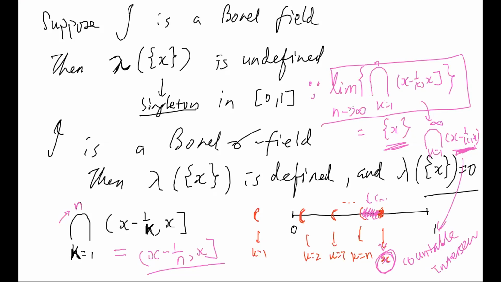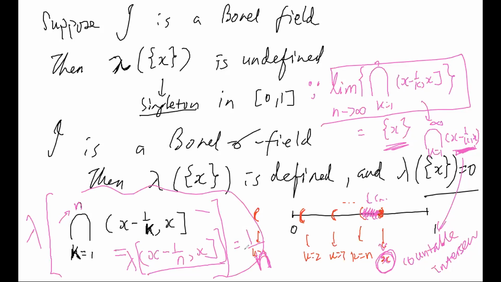So therefore, when you try to measure this thing, you put a measure on the intersection, which is the same as putting a measure on this interval. And the measure of this interval is just its length, which is 1 over n. So the measure of this finite intersection is just the length, 1 over n.